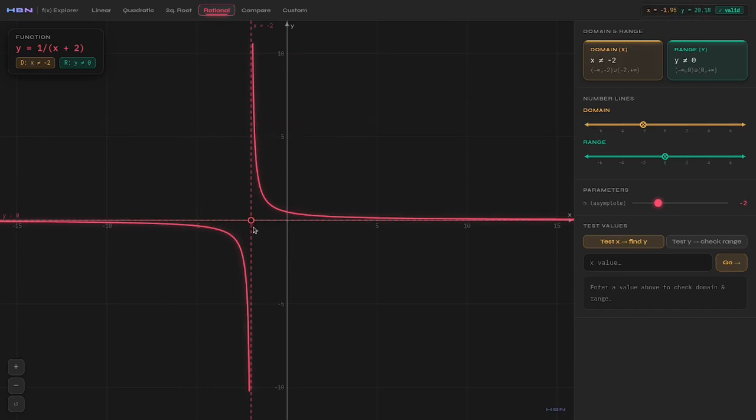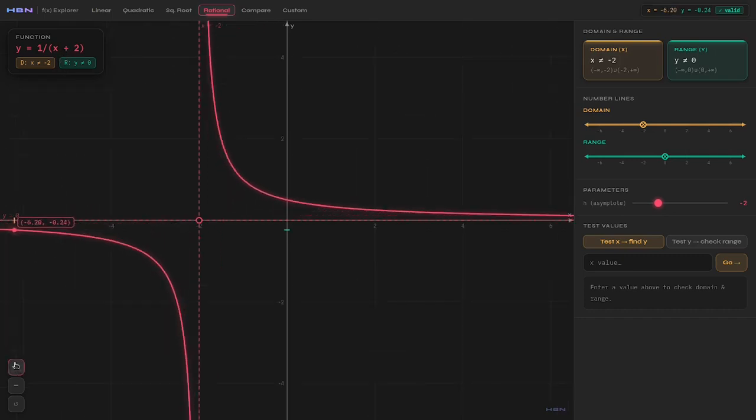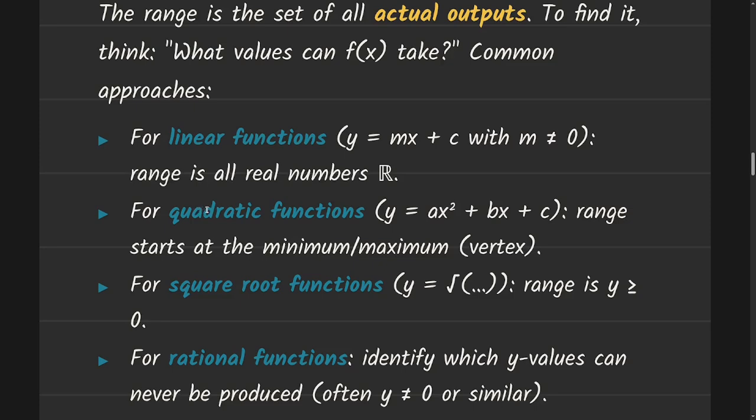Because immediately as it gets there, we are going to have an undefined function. You see, if I zoom in, you realize that our line will never touch this x equals negative 2. So this is the visualization of the range of a function.